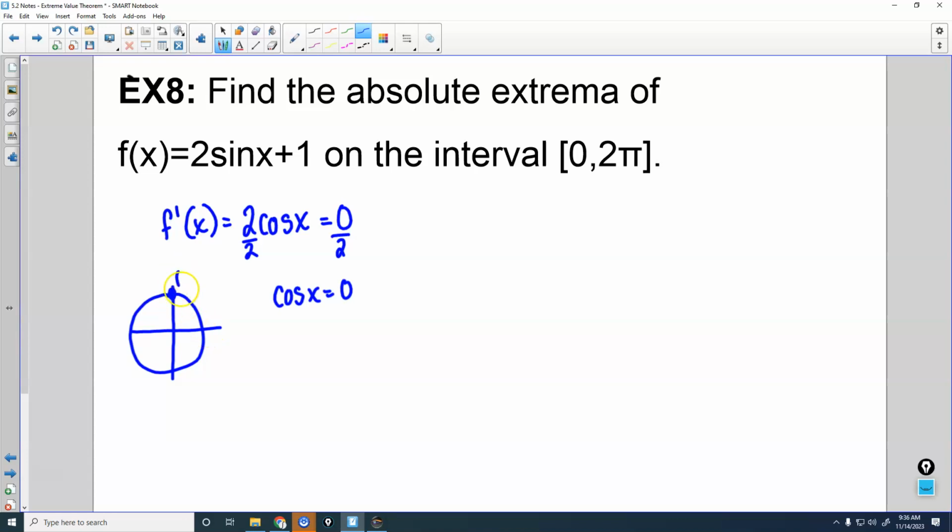So the x coordinate is going to equal 0 right here and right here. What are the values there, pi over 2 and 3 pi over 2? So x equals pi over 2 and x equals 3 pi over 2. Those are your critical numbers.